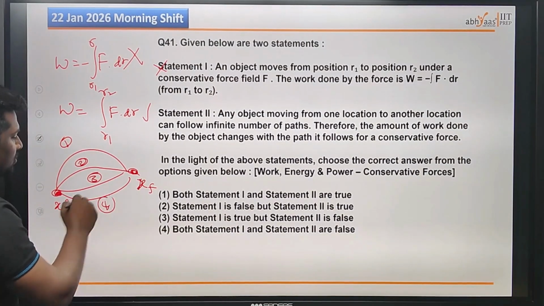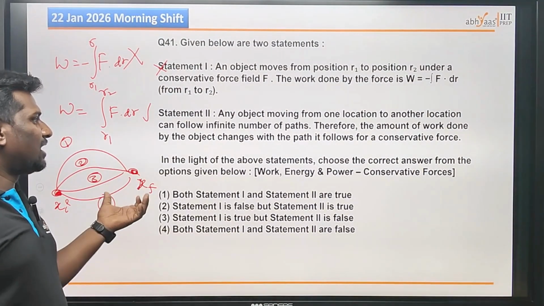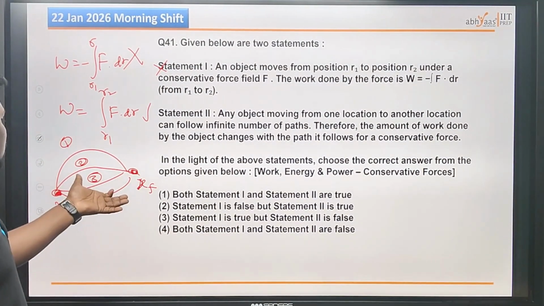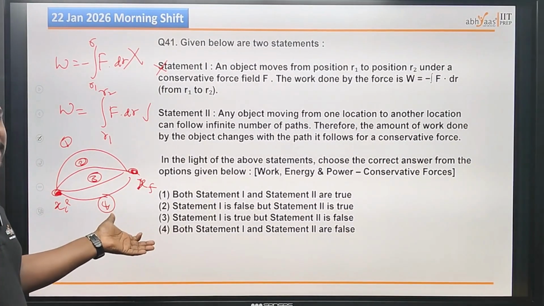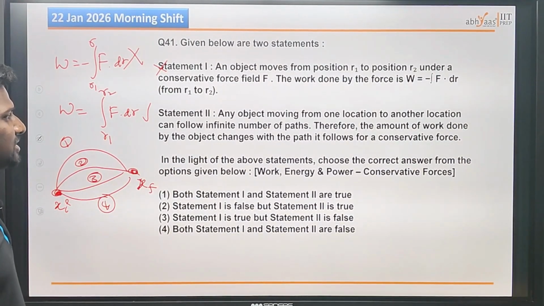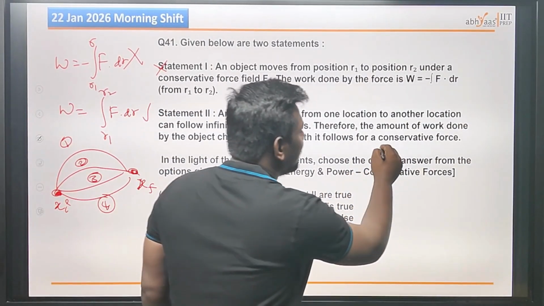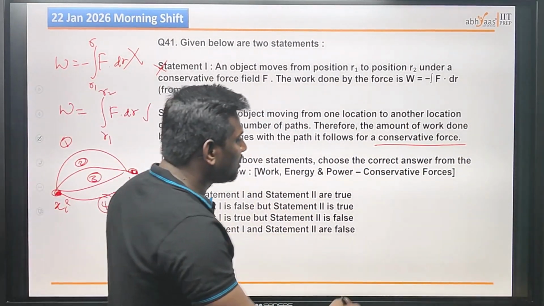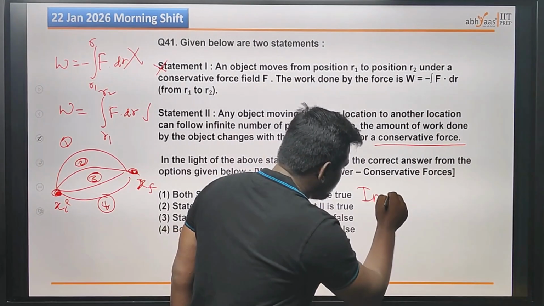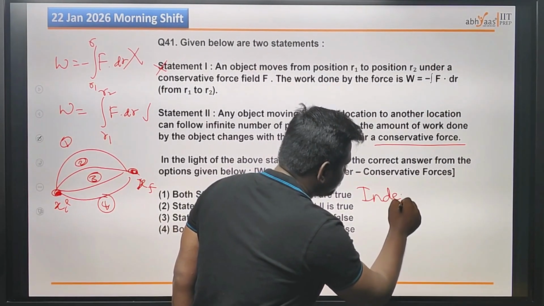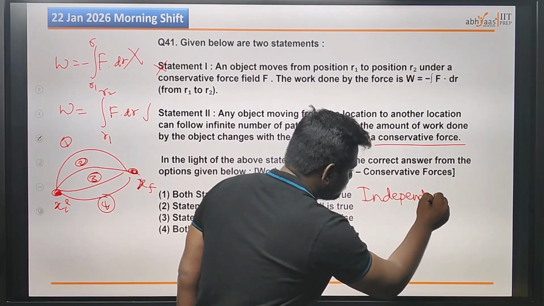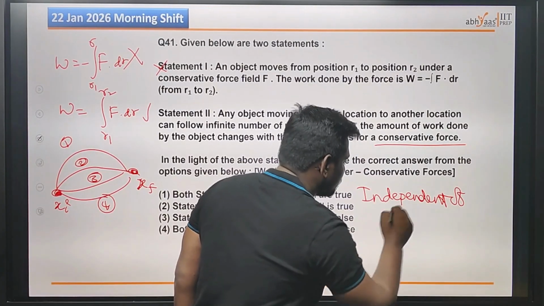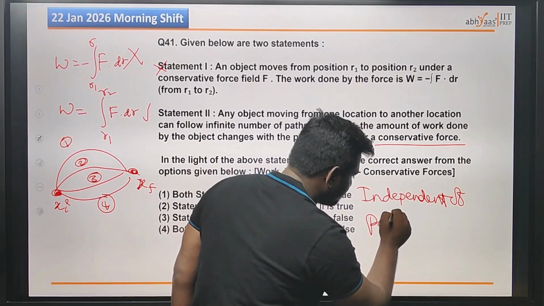So in case of a conservative force, when the path is changed, the work done is changed. So this is wrong. A conservative force is independent of path. Independent of the path followed.